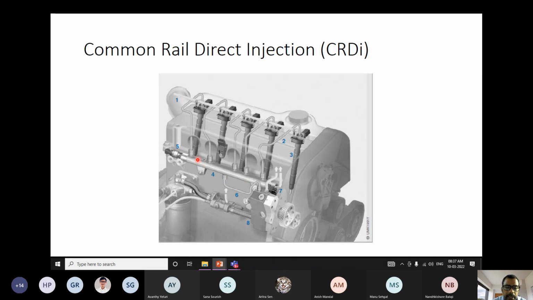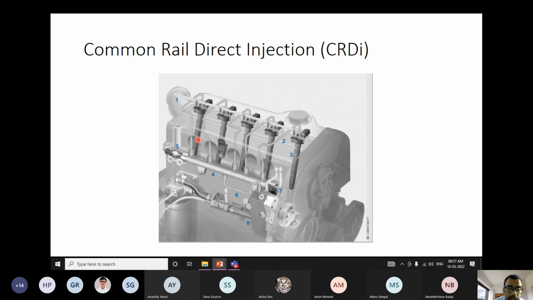And then from the rail, your high pressure line is connected, and the other end of this pipe is going to connect with the injector. In the mechanical fuel injection systems, as you have seen in the lab, the high pressure line was connected to the pump itself.